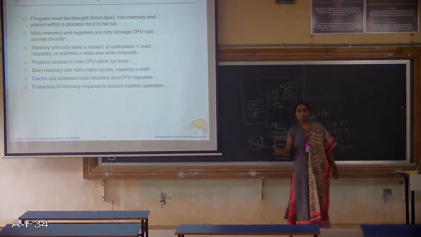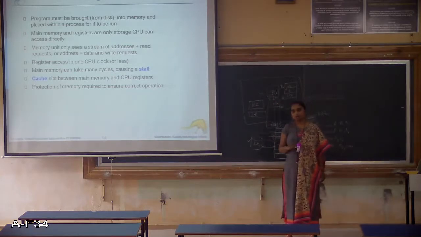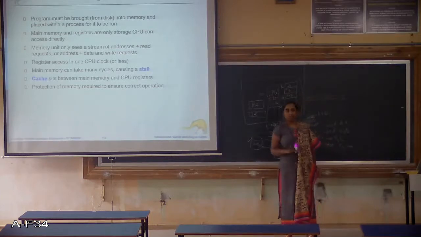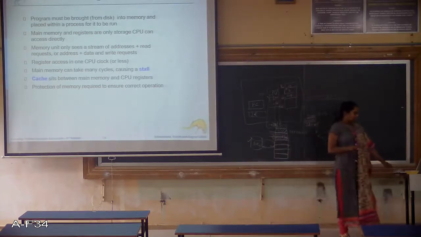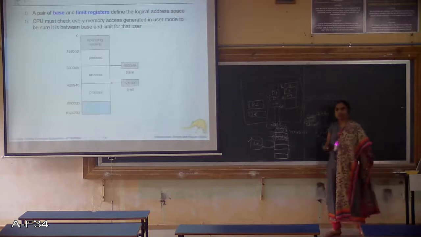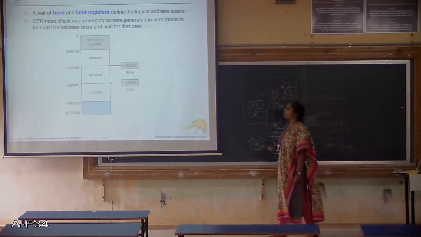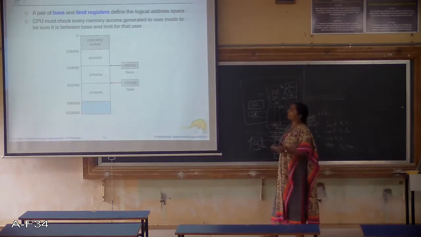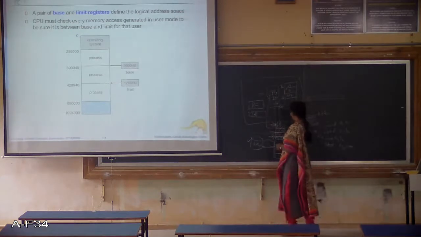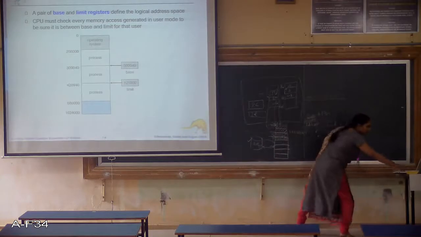So it will check that, and it will take care that this protection is available. It will not harm some other program. It should neither harm the operating system, nor other programs, instructions, or data. So that protection has to be given. All this we are going to study in this chapter.